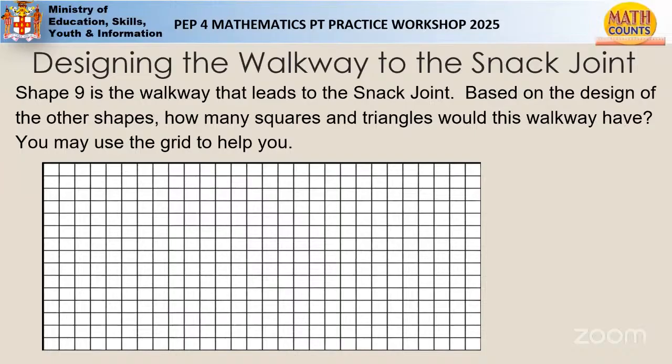Please lower those hands for me. If these are hands from the other question, please lower them because I'm going to be calling based on what I'm seeing. So for this part now, I want someone from the class to tell me what shape 9 would look like to lead to the snack joint. What do you think it would look like?